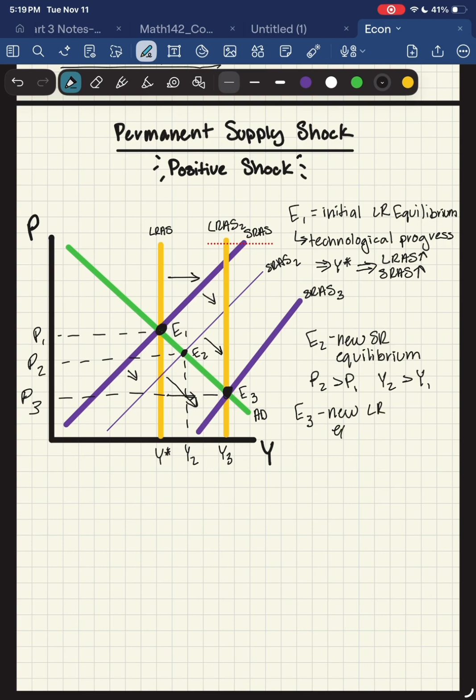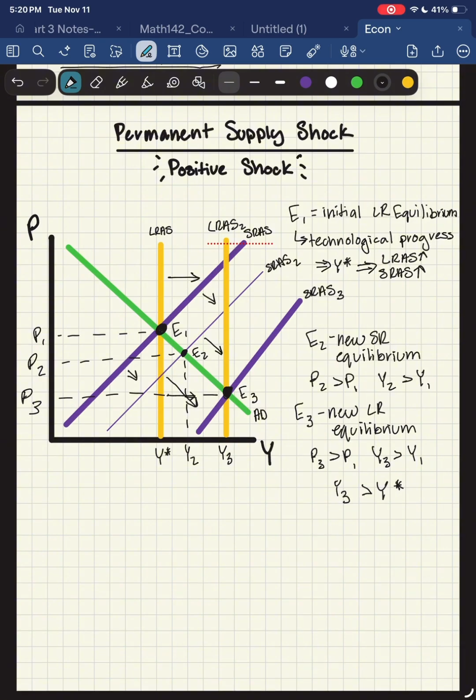And short run kept shifting and shifting until we finally got there. And then we saw that at this equilibrium, P3 was greater than P1, and Y3 was greater than Y1. And then Y3 being our new equilibrium output was greater than our old equilibrium output.